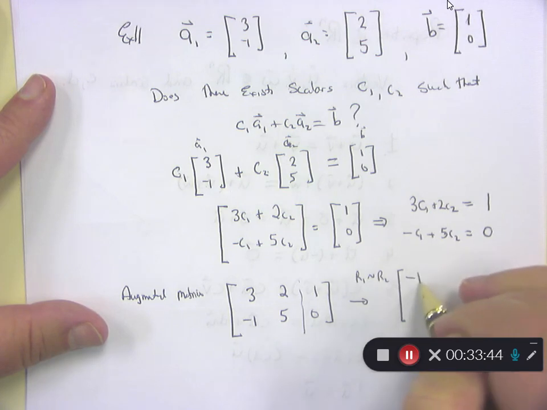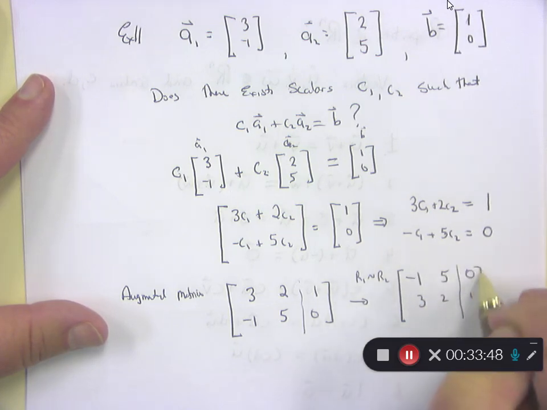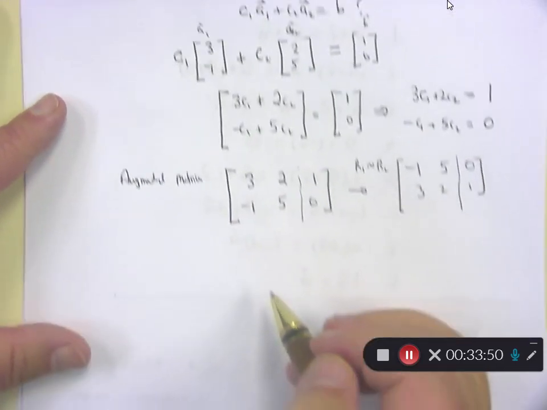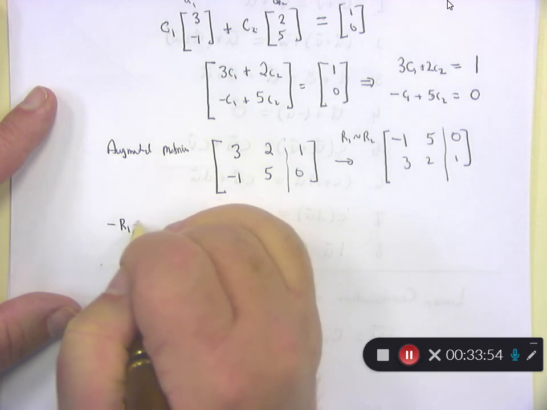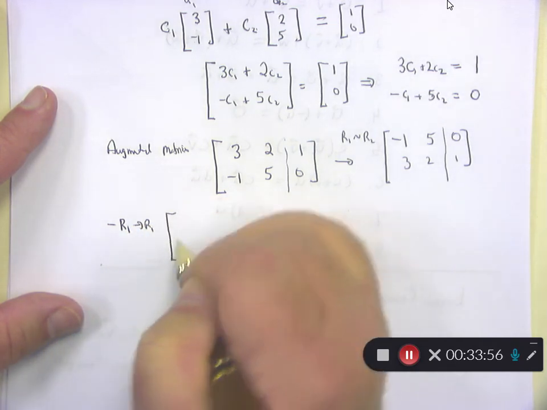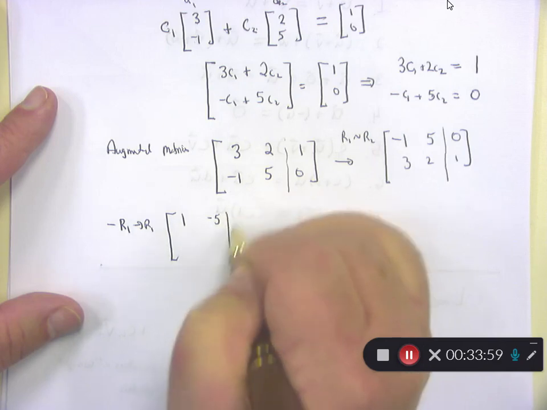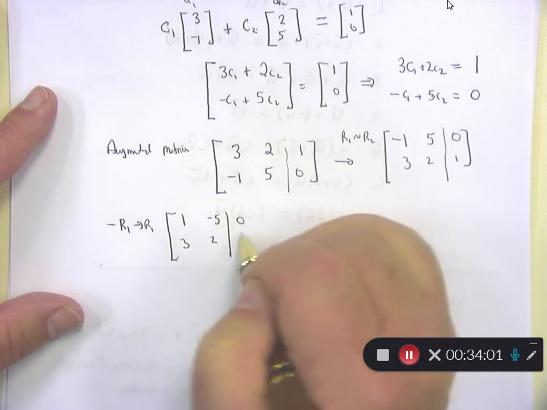That would give me -1, 5, augment 0, and 3, 2, 1. Then, to be consistent, I would do negative row 1, replace row 1, and that would give me 1, -5, augment 0, 3, 2, 1.